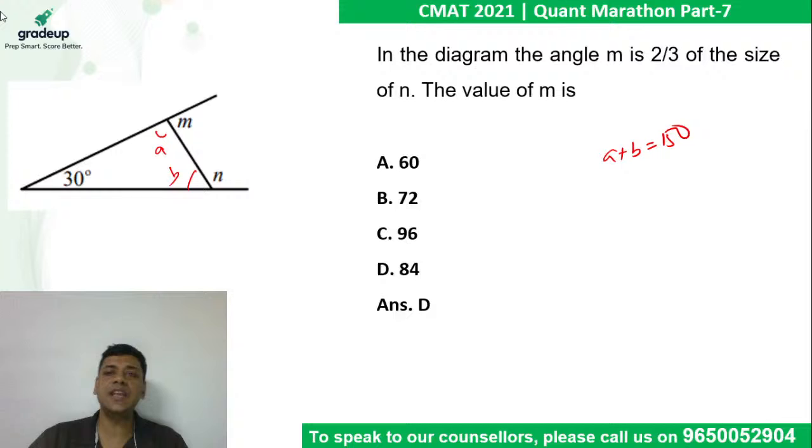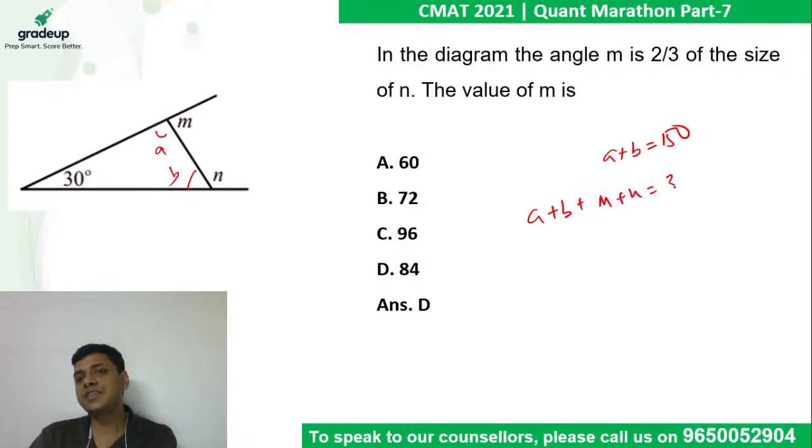Okay, so basically if A plus B is 150, now can I say A plus B plus M plus N is 360? And A plus B is nothing but 150. Now why is it 360? Because there are two angles on a straight line. So basically M plus N is 210.